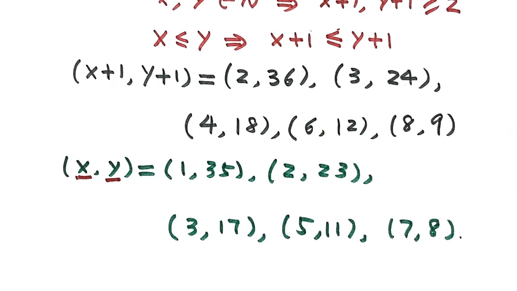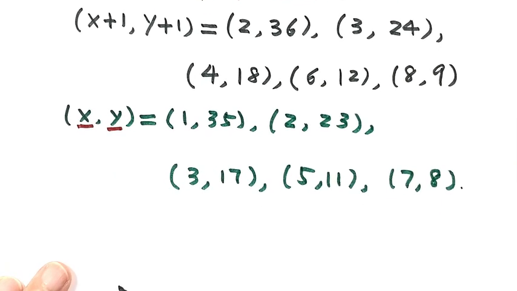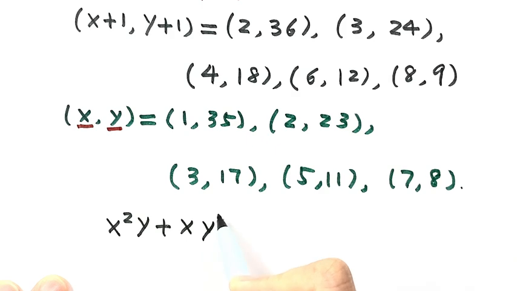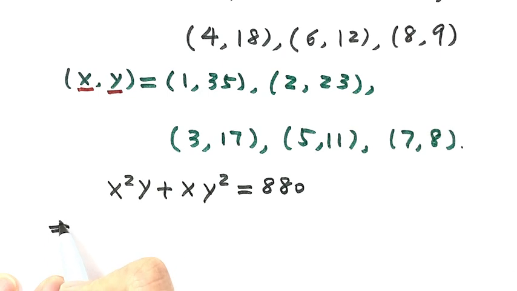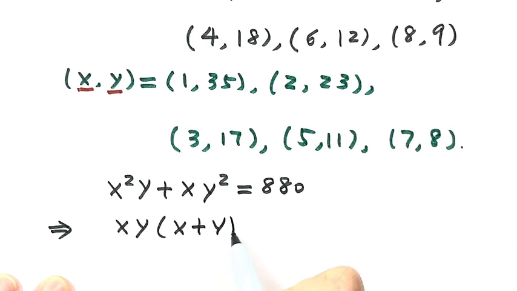Now let's look at the second equation. x²y + xy² = 880. Let's take out the common factor: xy times (x + y) equals 880.